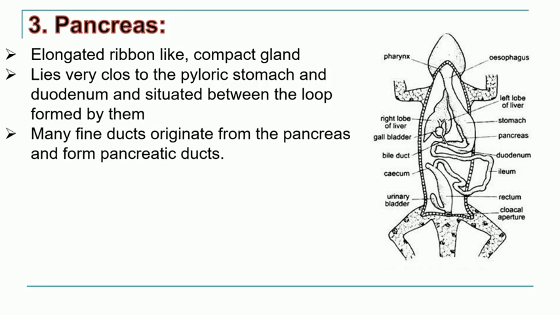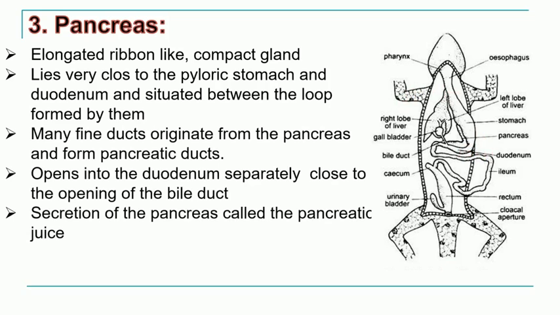And there are many fine ducts which originate from the pancreas, and these are called the pancreatic ducts. These open into the duodenum. So from pancreas, many pancreatic ducts open into the anterior part of the small intestine, which is called the duodenum, and the secretion of the pancreas, that is called pancreatic juice, is released into the duodenum.